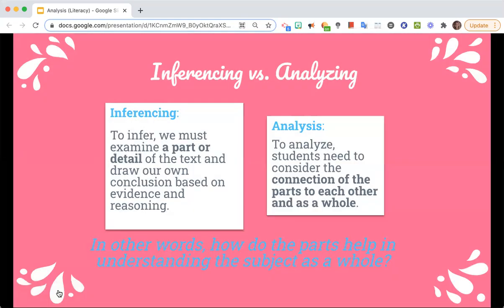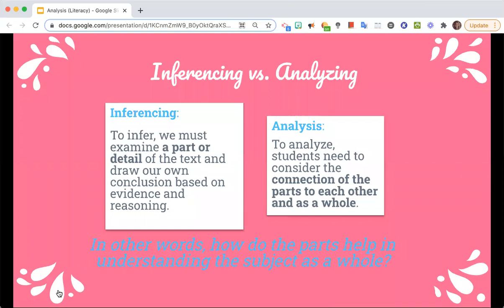So we can't exactly go to the analysis part just yet. When we are inferencing, we are looking at one small part of the text in order to make an inference. When we are analyzing, we are looking at multiple parts of the text in order to draw a conclusion on the whole text.